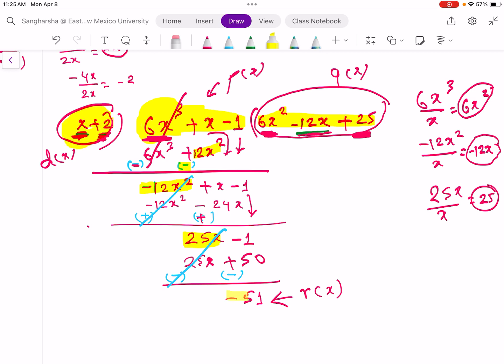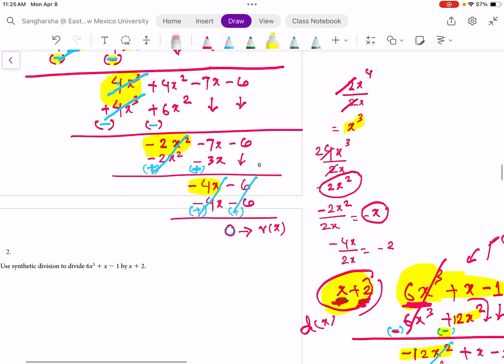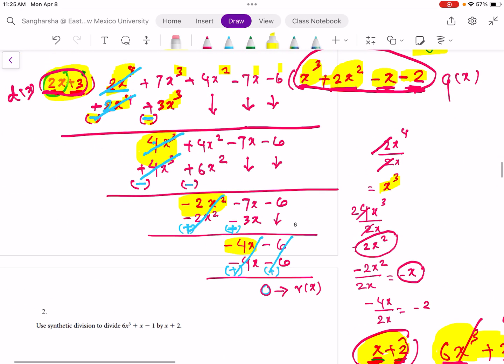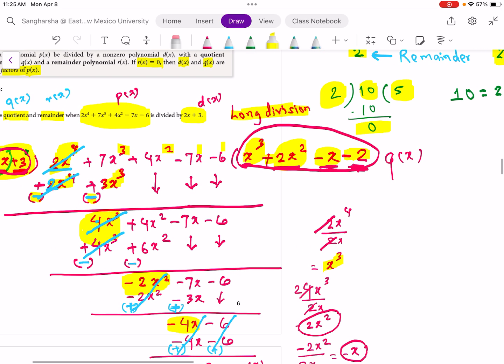What is the degree of this negative 51, the remainder? 0. So the remainder always has a degree less than the degree of the divisor, and it's true for every case. This divisor has a degree 1, the remainder has a degree 0. Similarly, this dividend has a degree 4 and the quotient has a degree 3.